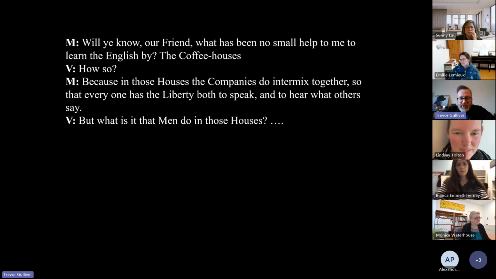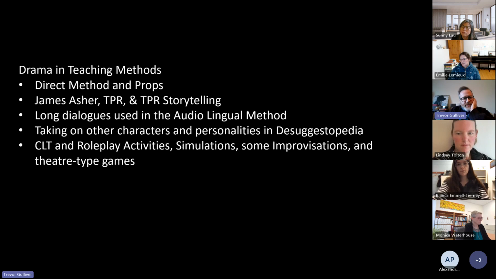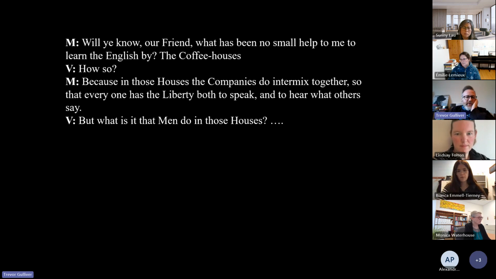Sometimes people get up and make speeches. There's things to read and all sorts of ways to interact and engage. And it seems like a dialogue that's encouraging students to go out in the evening and integrate culturally and engage in language activities. And I could see some similar things ending up in textbooks today.